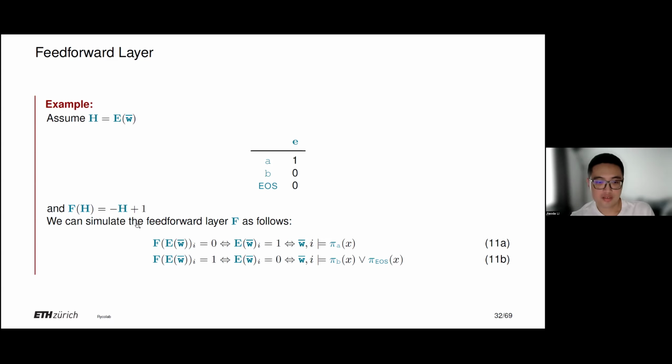Then we can simulate this feed-forward layer as follows. f will be 0 if e is 1, since -1 plus 1 is 0. Combining this with the simulation from the previous layer, we get f equals 0 if and only if the symbol at position i is A. Similarly, we can simulate f equals 1.